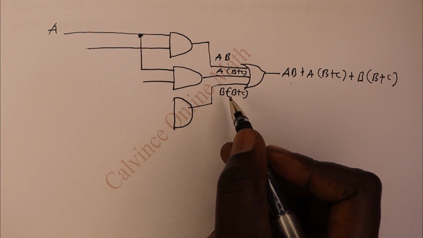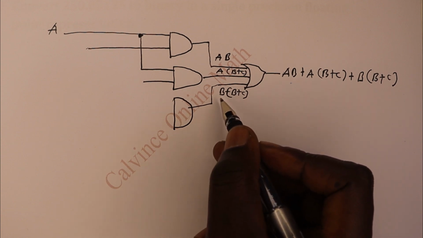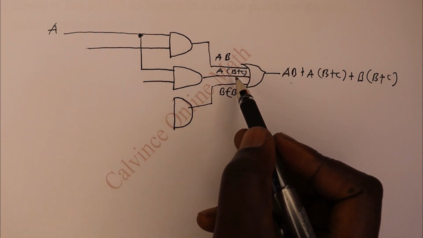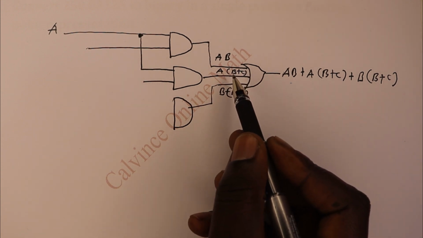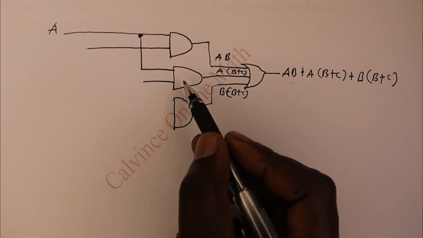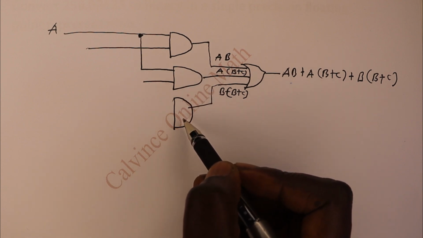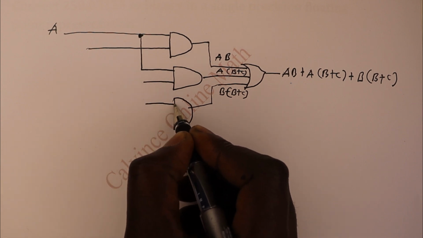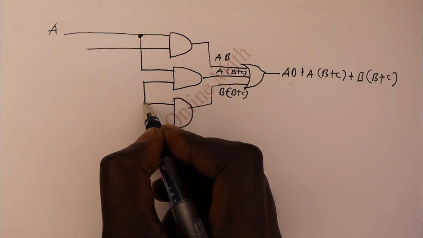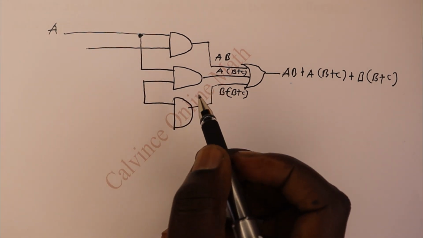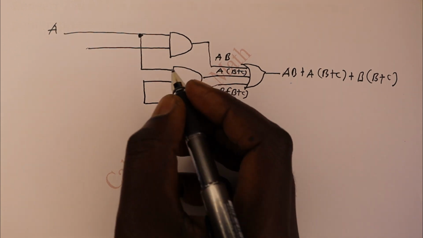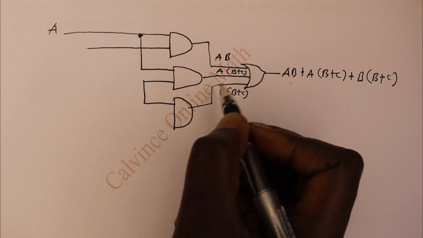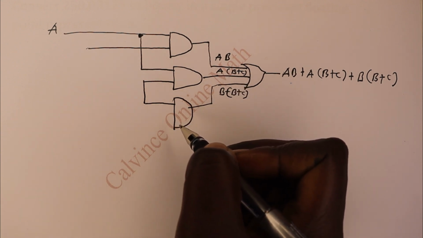So we see that the first input is B and the other one is B plus C. But remember, we also have a B plus C. So it means B plus C was used in this AND gate as an input and in this AND gate. So we can have it here. So we just join it like that to show that B plus C was used in this AND gate. It was also used in this AND gate.